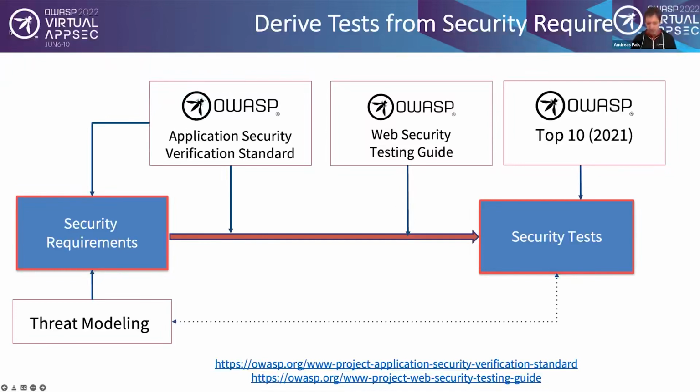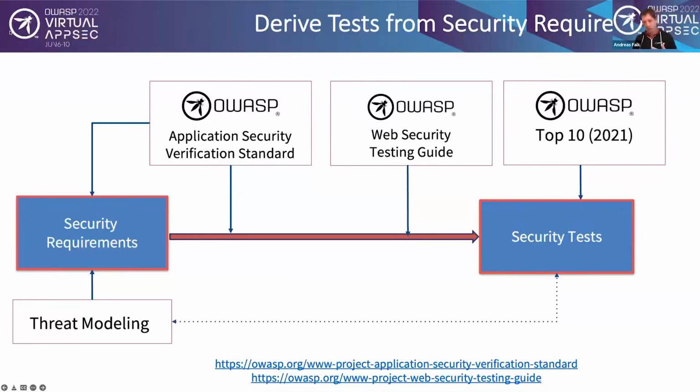To help with testing these security requirements, to evolve tests out of these requirements, there's another helpful guide called the Web Security Testing Guide by the OWASP, which is also used by professional penetration testers to conduct penetration tests. This is full of ideas on how to build and create tests, for example, testing SQL injections and stuff like that.